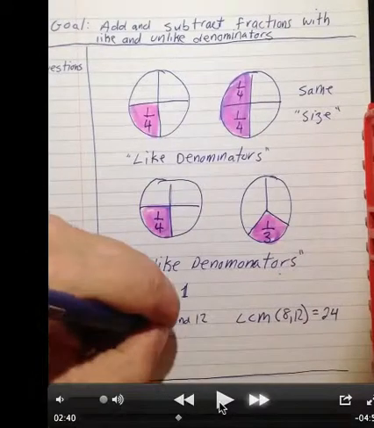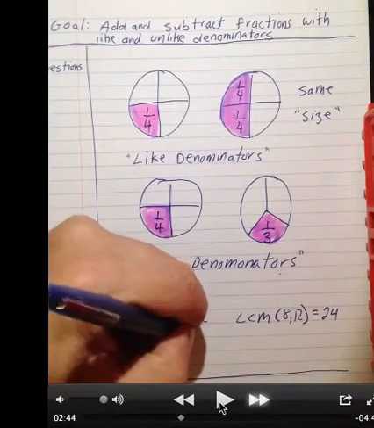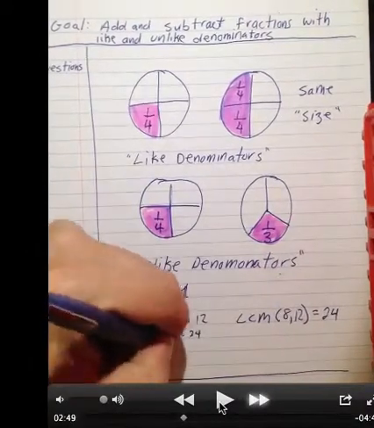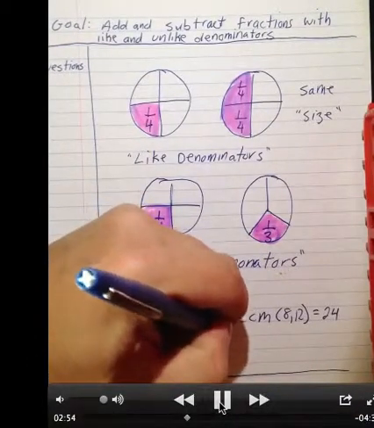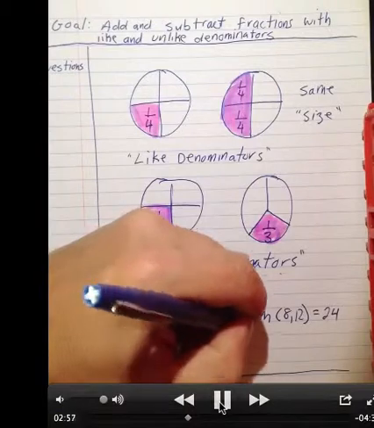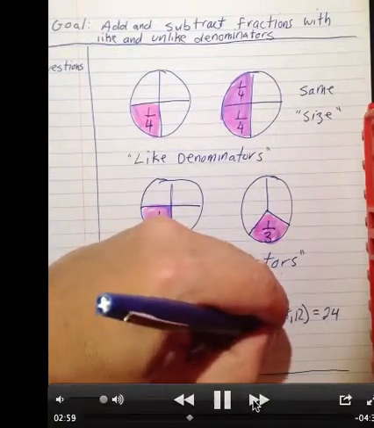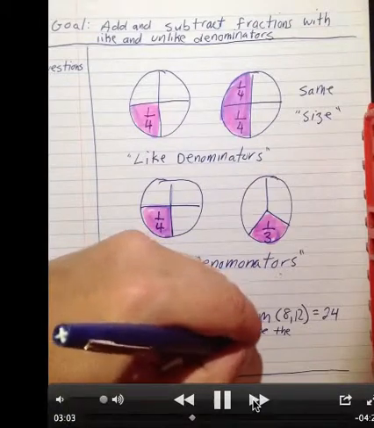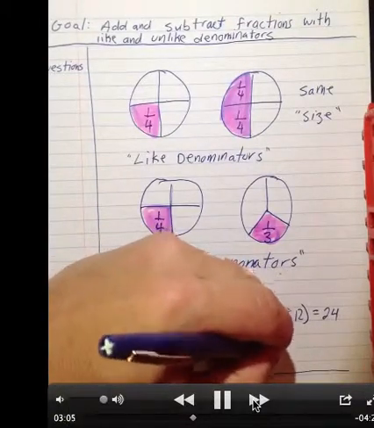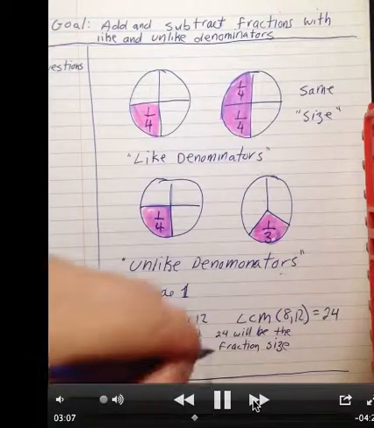So the denominators for any fractions with denominators of 8 and 12 would be converted to 24ths. That would be the size. The fraction would be 24ths.